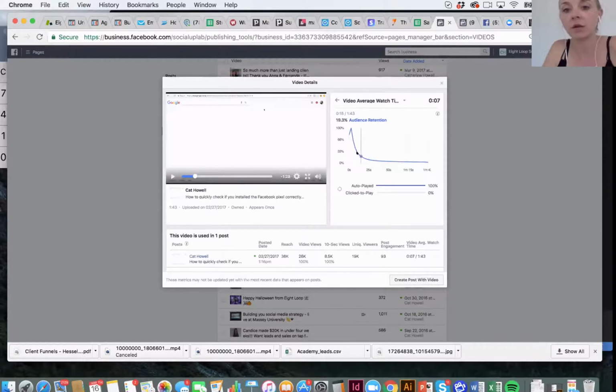And you'll see that around the 10-second mark, which is where we're retargeting, I've got an audience retention rate of 31%. This curve is very, very normal, but I will say that this is a very, very steep curve. So typically, for a minute video, you want to have about a 60% retention rate at the 10-second mark, whereas I've only got 30% at the 10-second mark.